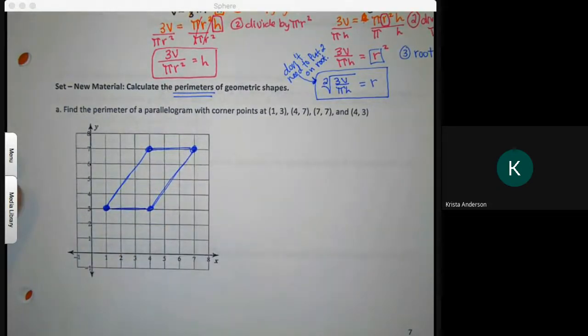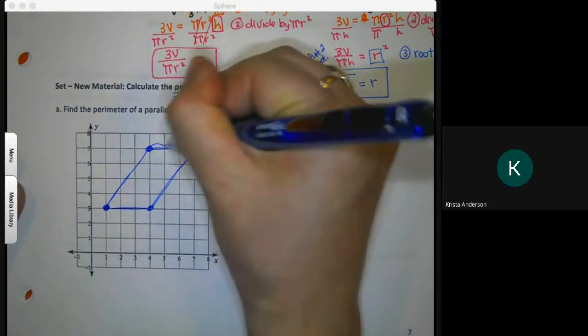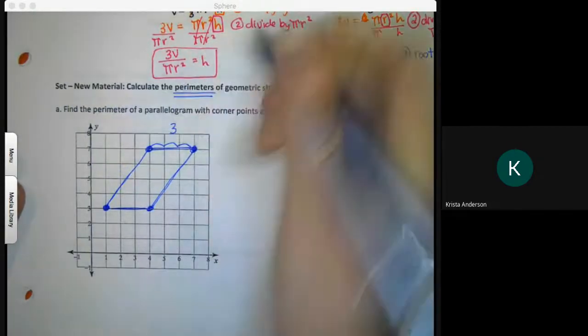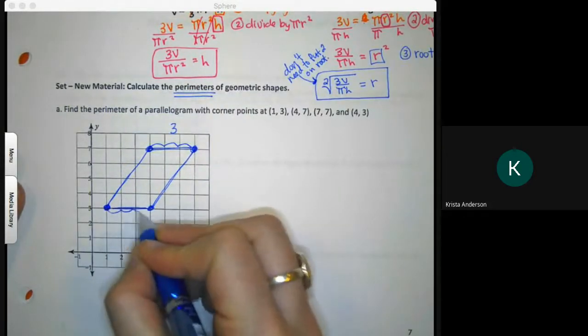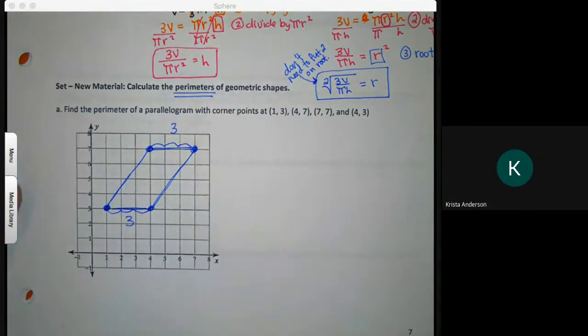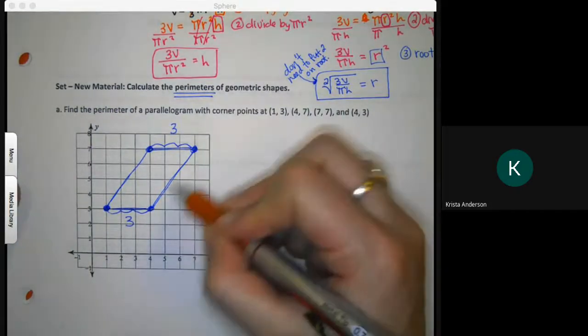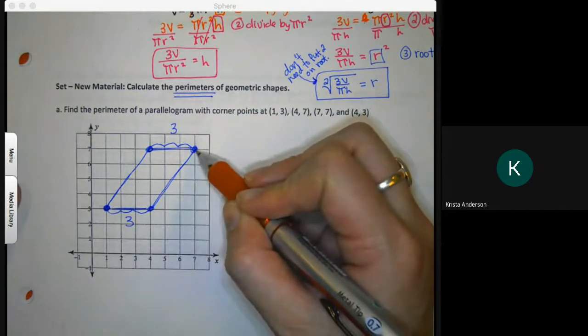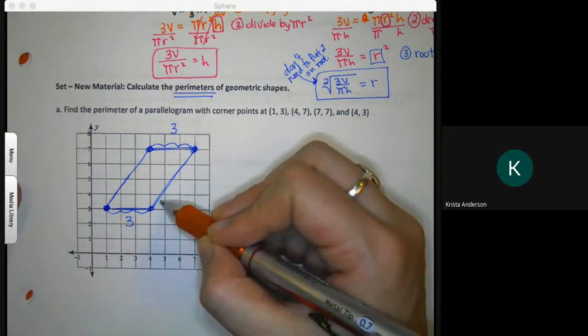I know the top is 1, 2, 3. The bottom is also 3. But I can't count a diagonal. I can't count and say that's 4.